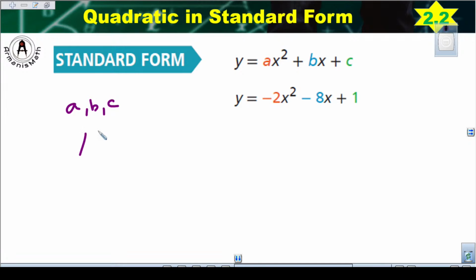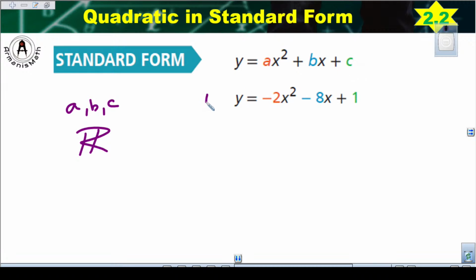If you remember, we talked about real numbers last chapter. They are not imaginary numbers. Also, every location determines which one is which. A is always next to the x squared, there's no exception. B is always next to the x, and c is a constant, just a number by itself.